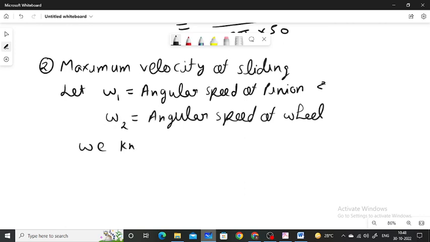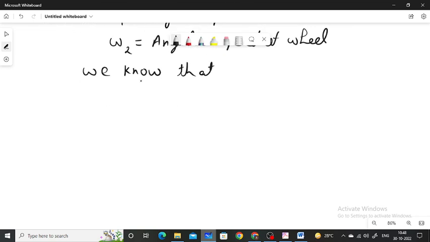We know that linear velocities will be equal.